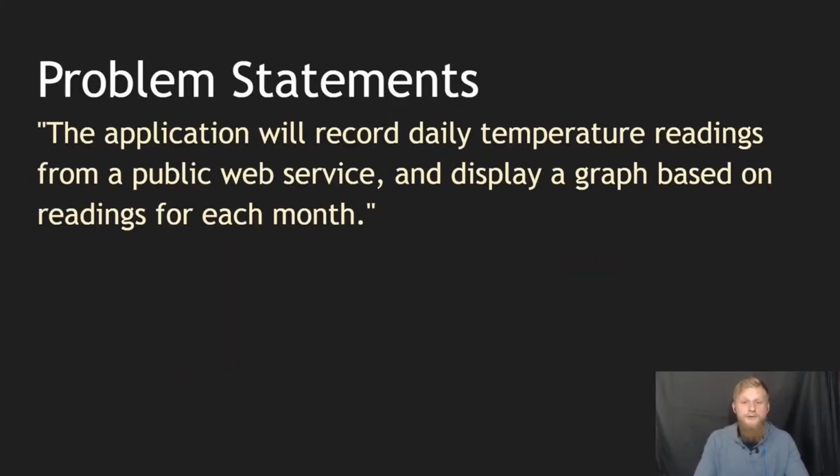The first approach is called a problem statement. So it is a simple, plain language, you can write in Arabic if that works for you, plain language description of a system or application. So, for example, the application will record daily temperature readings from a public web service and display a graph based on readings for each month.